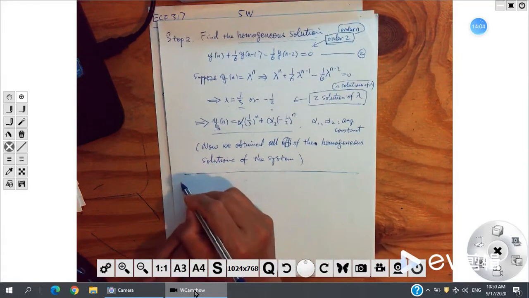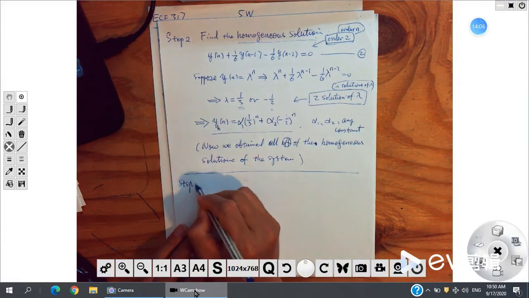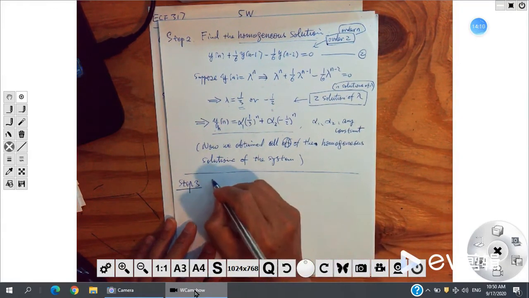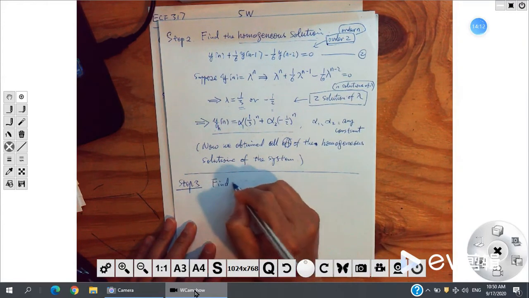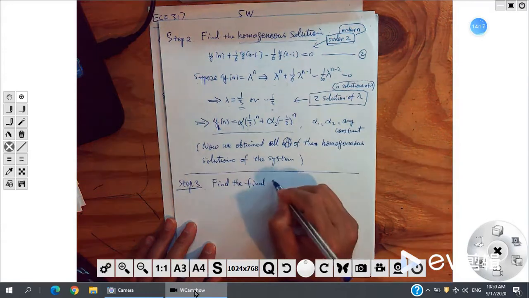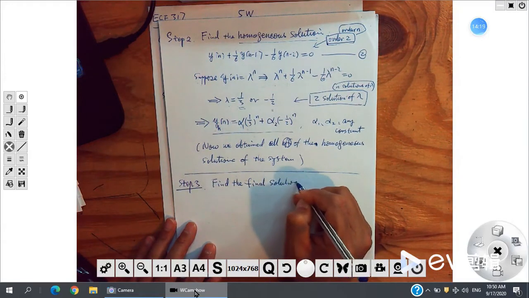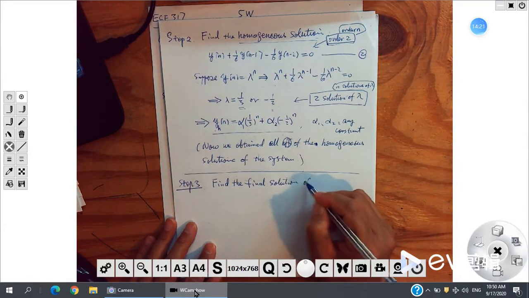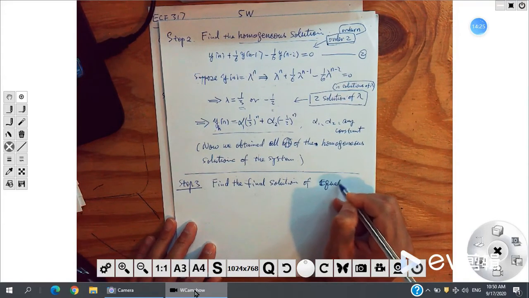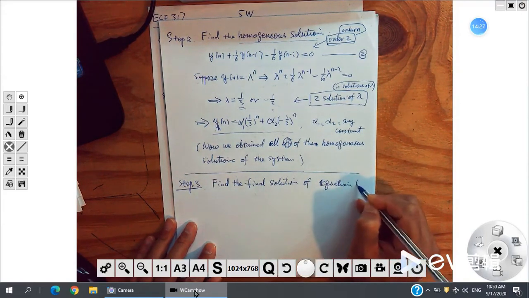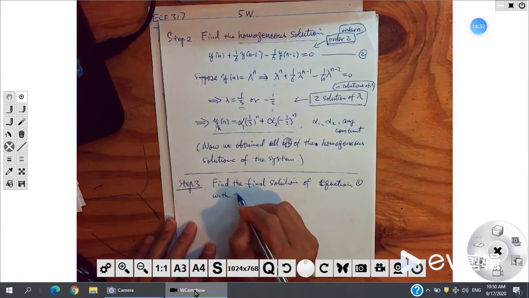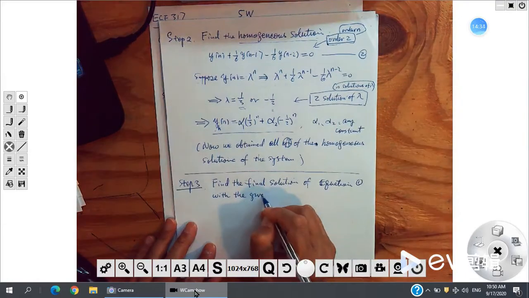Then step 3, we need to find the final solution of equation 1, with the given initial condition.